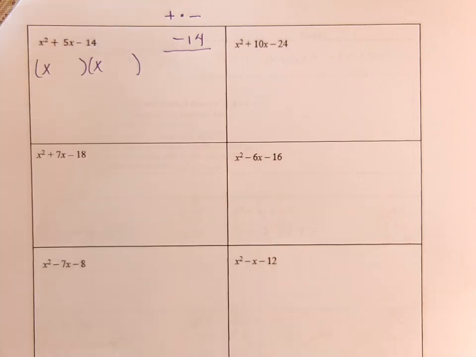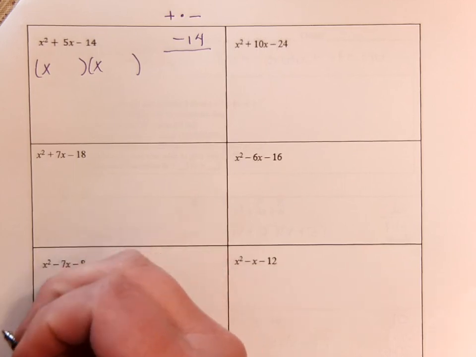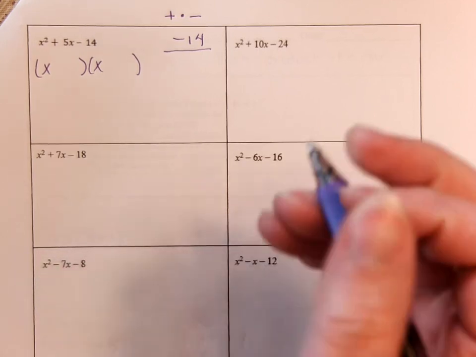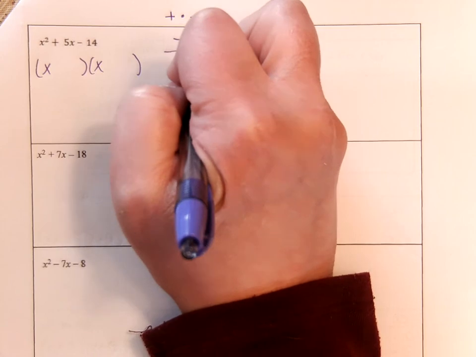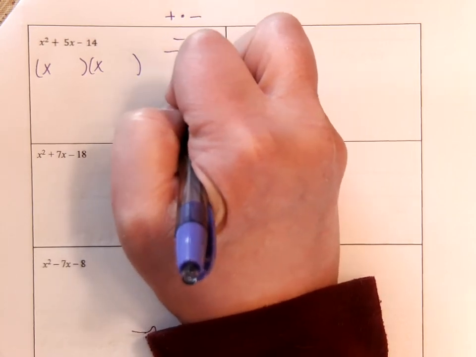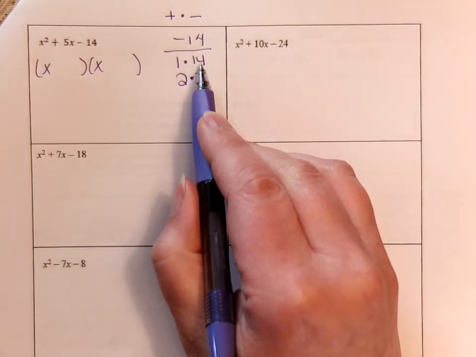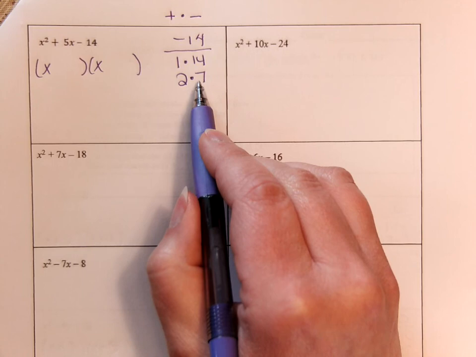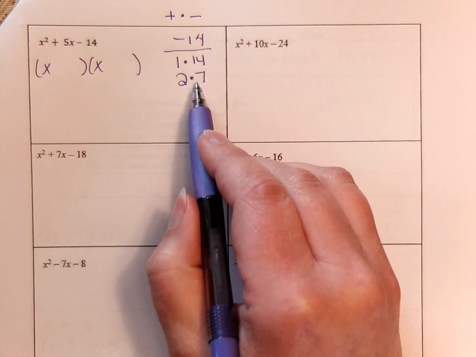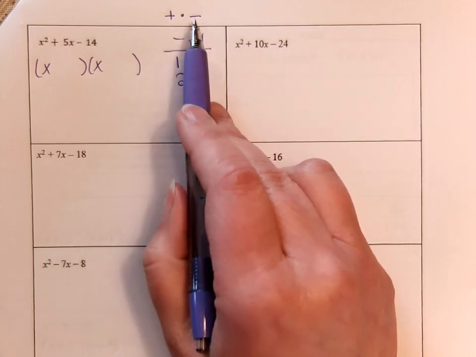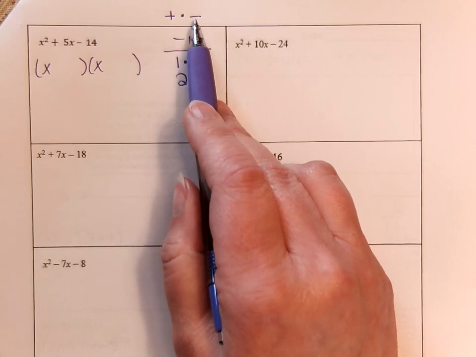So let's start with 14. What numbers multiply to be 14? Well, there's 1 times 14 and 2 times 7. Well, 1 plus 14 is 15 and 2 plus 7 is 9. Well, here's the catch. One of these numbers is going to be negative.